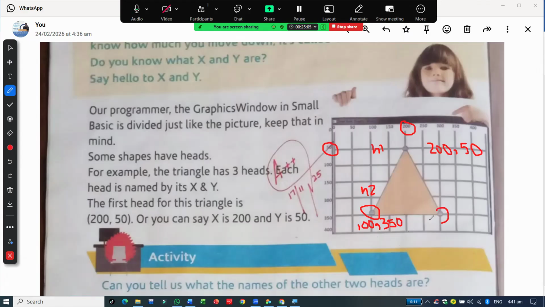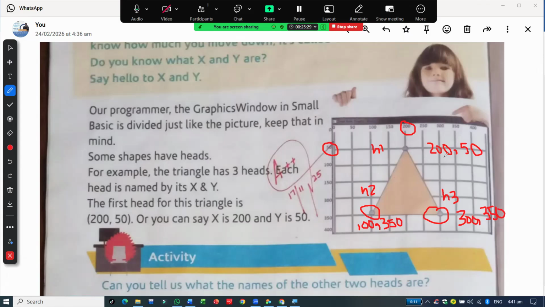Now the last one, that is our head number 3. Head number 3 also has two values. First you will check the x-axis, that is 300, comma, and then you will check the y-axis value, that is 350. It's so simple.